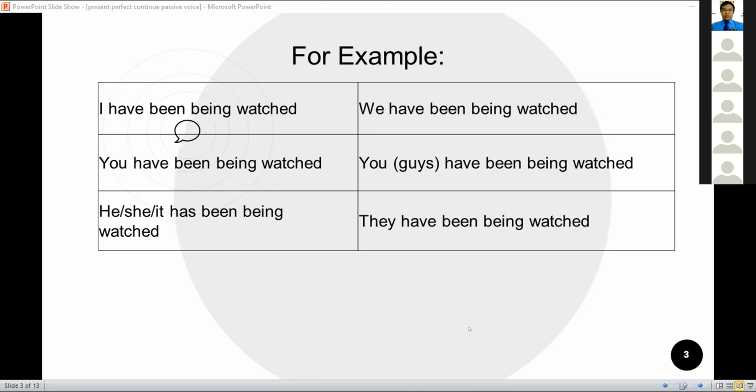Is it correct? This is the form of the present perfect progressive in the passive. Wrong. Okay, please, again. I give you a second opportunity. Please.